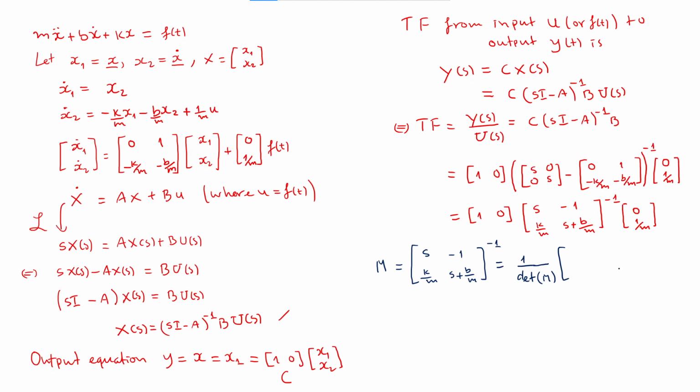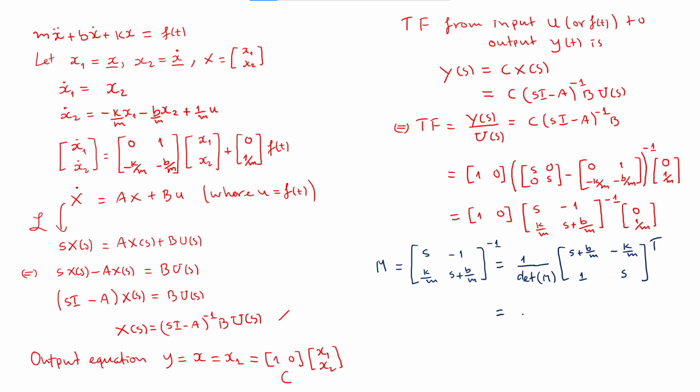The cofactor here is s plus b over m, minus k over m, 1, and s, and you transpose.